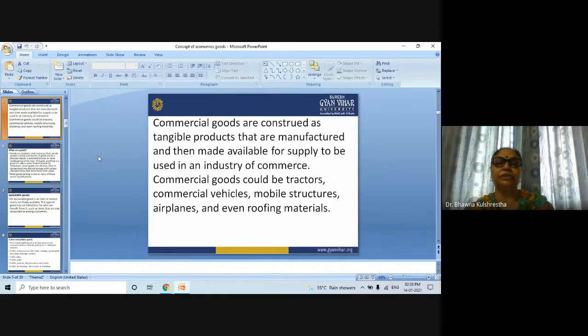Commercial goods could be tractors, commercial vehicles, mobile structures, airplanes, and even roofing material.